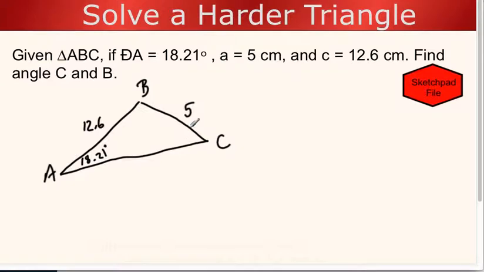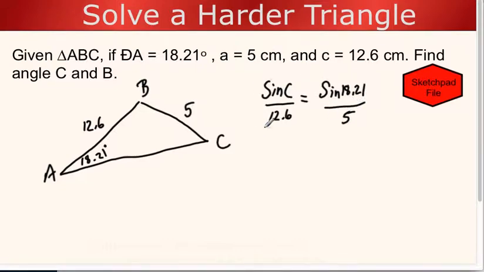I can use the sine law because I know the length across from C, and I know angle A and its length across from A. So I'm going to say sine of C over 12.6 must equal sine of 18.21 over 5.